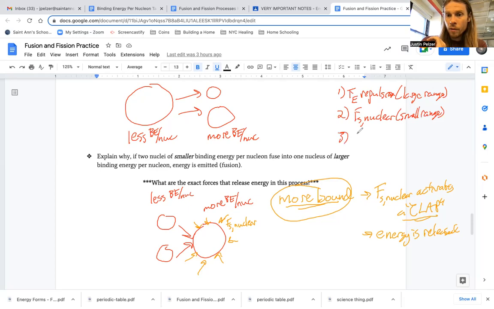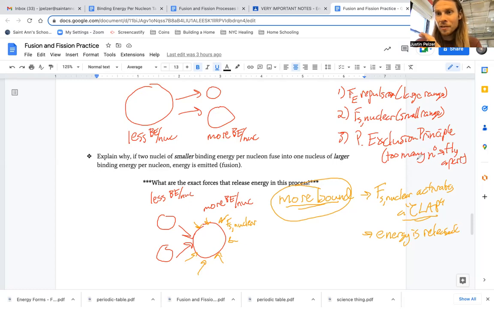And we have the Pauli exclusion principle, which says that if you have too many neutrons or too many protons, with too many protons, the electric repulsion really dominates that. Too many neutrons, they fly apart. It's a repulsion. Two things can't be in the same place at the same time, is what this says. So ultimately, that makes iron most bound.